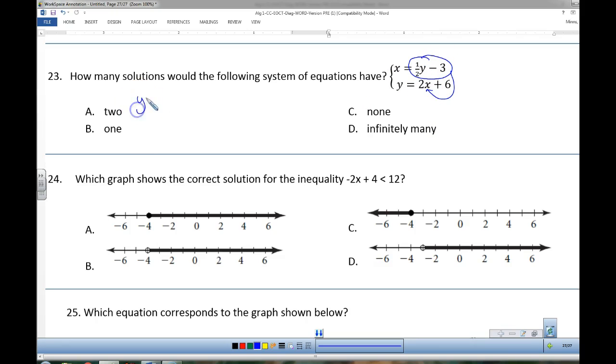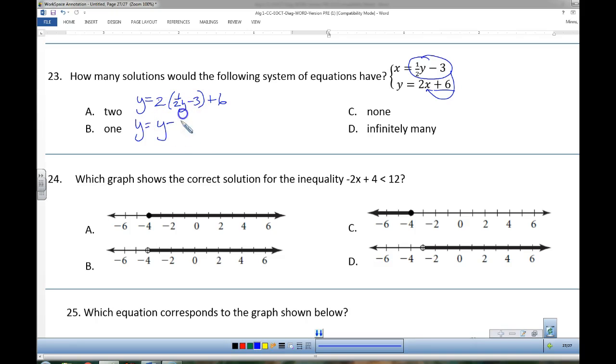So I'm going to plug in what x is right there. This gives me y equals 2, and instead of x, I'm going to plug this in. 1/2 y minus 3. Then I still have my plus 6. All right, let's simplify. Y equals 2 times 1/2 y is simply 1y. 2 times negative 3 is negative 6.